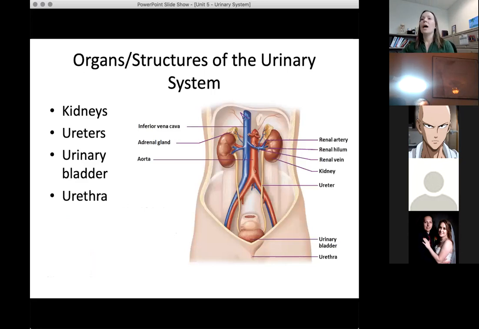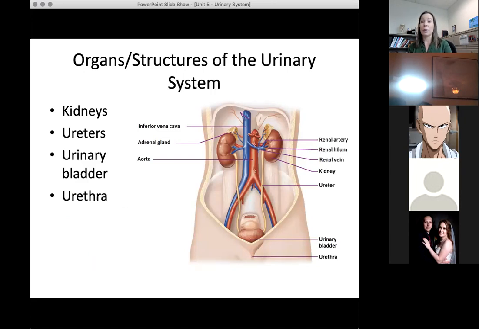Okay. So the very first thing on the outline is just a review of the urinary system itself, what structures are involved, what the main functions are. So basically the kidneys are the main organs that are doing the work of the urinary system.